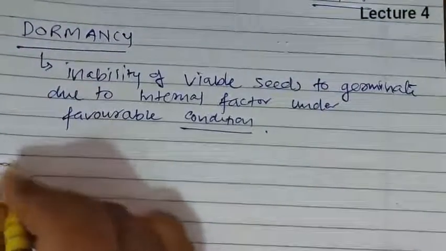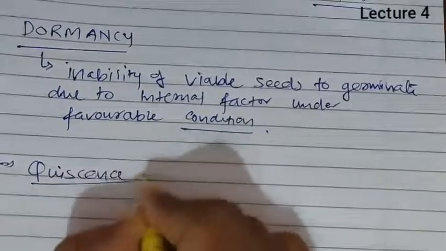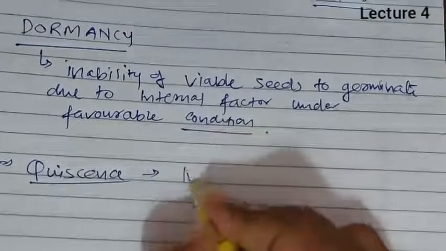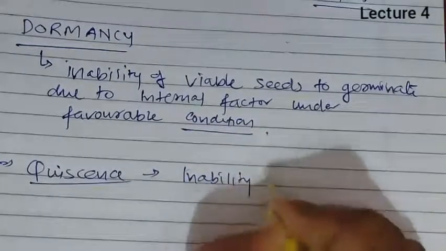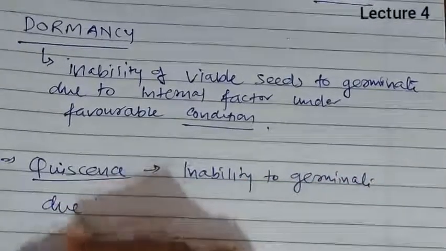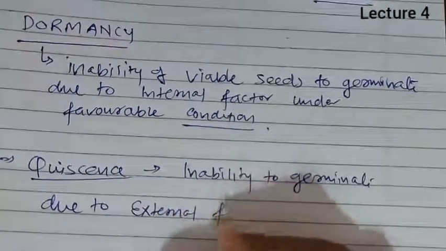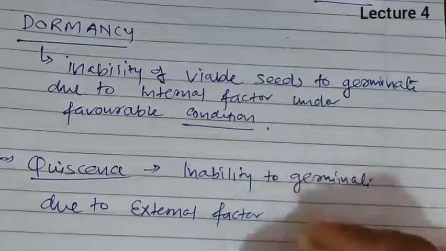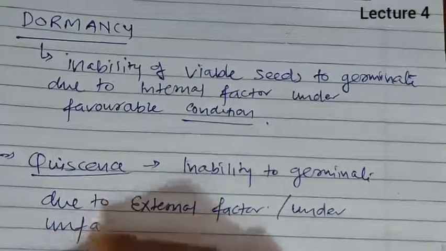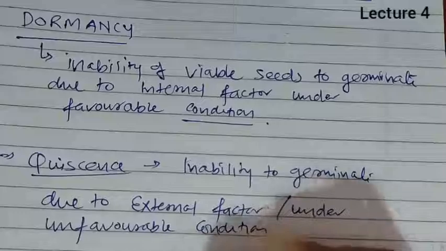After dormancy, one more term we discuss here is quiescence. It is the inability to germinate or suspended growth due to an external factor, that is, under unfavorable conditions.